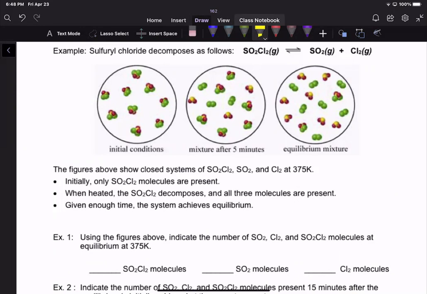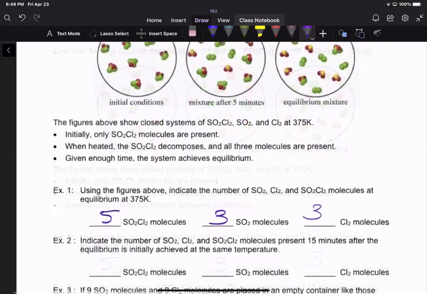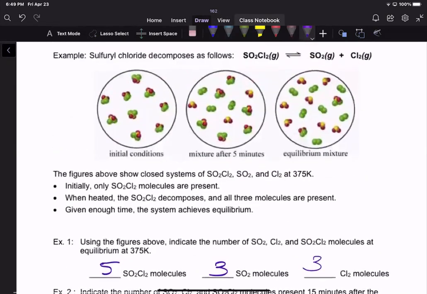After 5 minutes, we have 1, 2, 3, 4, 5 SO2Cl2. And we have 1, 2, 3 SO2 molecules and 3 Cl2. After 5 minutes, that's not at equilibrium.